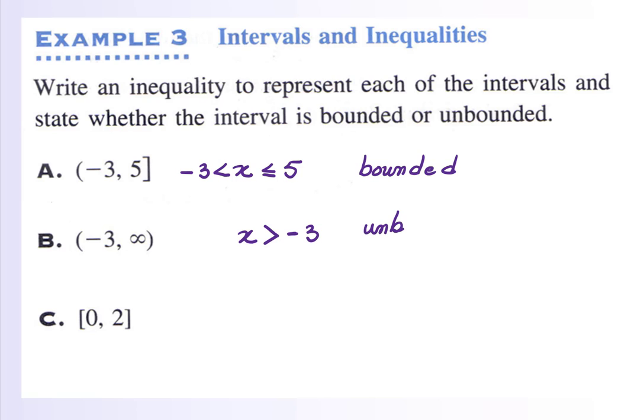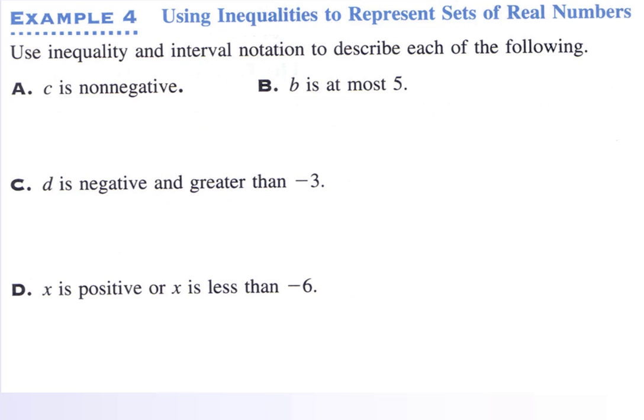It goes from negative 3 till positive infinity, and positive infinity is not a real number, unbounded. For C, x is between 0 and 2 inclusive. And 0 and 2 are real numbers, therefore the interval is bounded.